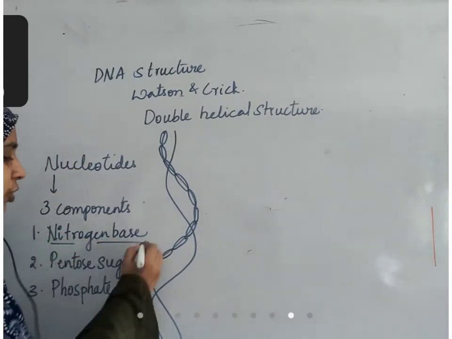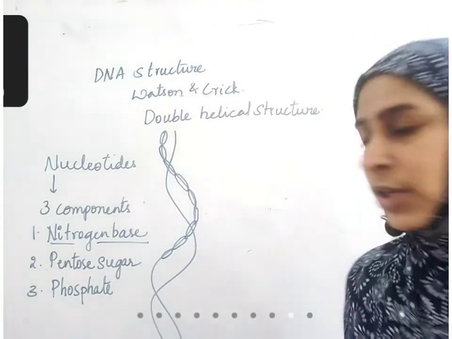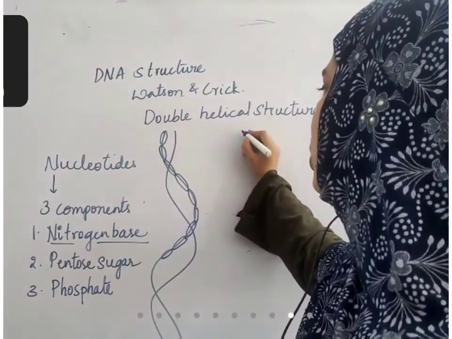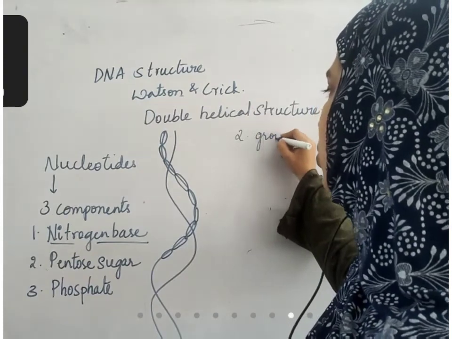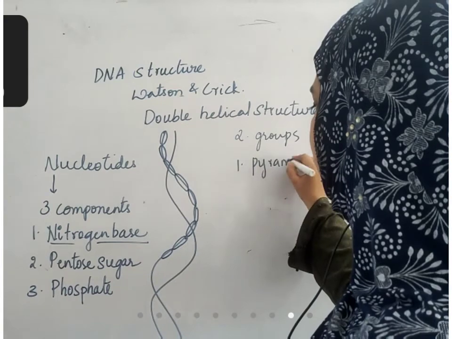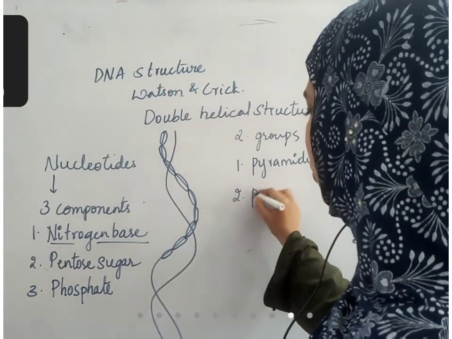Are all the nitrogen bases the same? No, nitrogen bases are different. All the nitrogen bases that form the DNA molecule are divided into two groups. What are those two groups? First one, pyrimidines. Second one, purines.